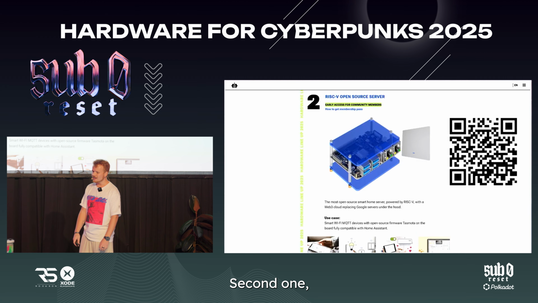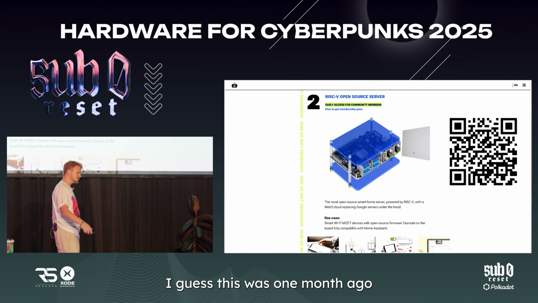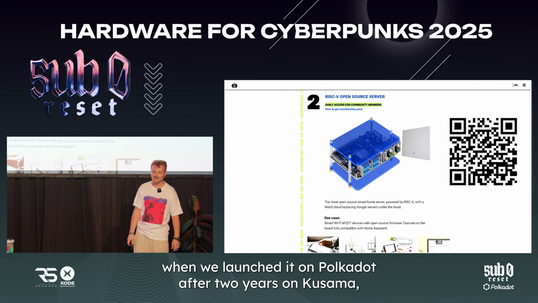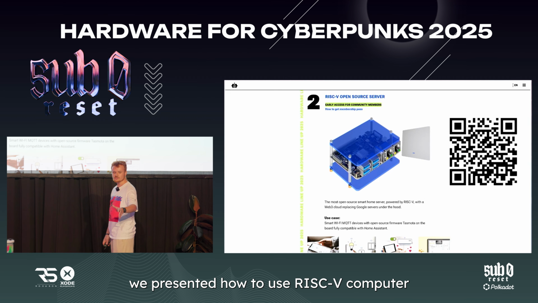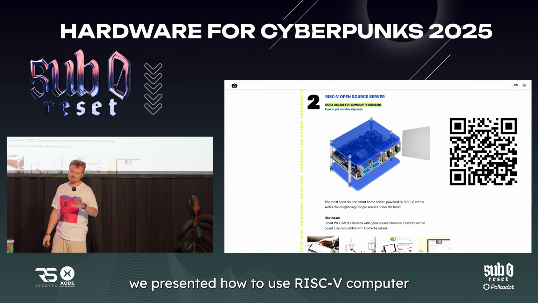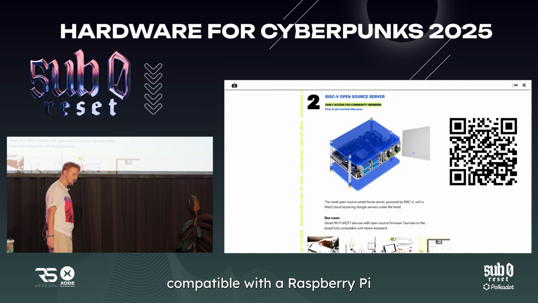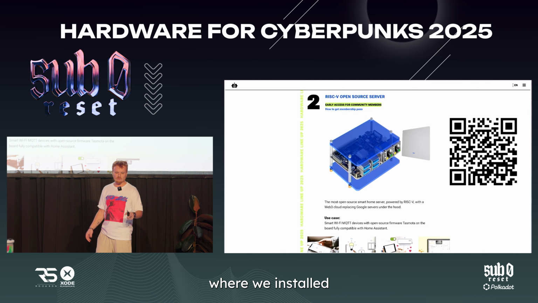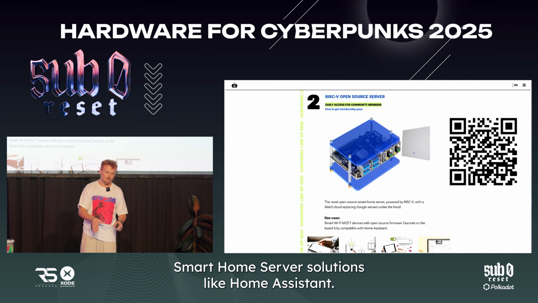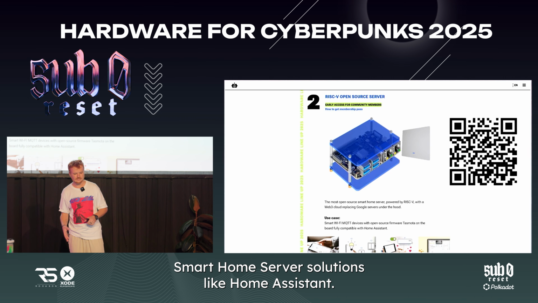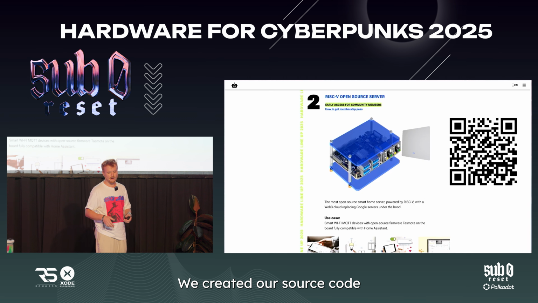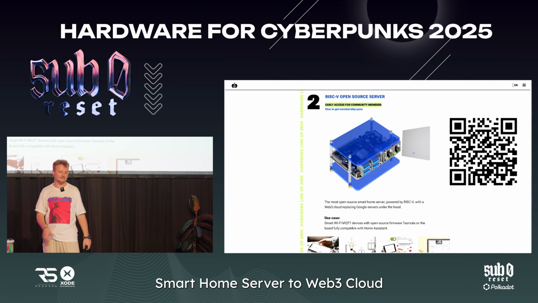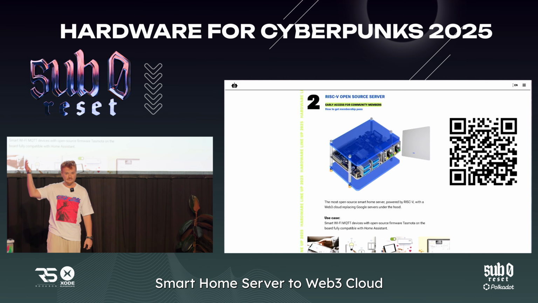Second one, I guess this was 1 month ago when we launched on Polkadot after 2 years on Kusama. We presented how to use a RISC-V computer, compatible with Raspberry Pi at the level of computation, where we installed smart home server solutions like Home Assistant. We created our source code for RISC-V architecture to connect your RISC-V smart home server to the Web3 cloud.